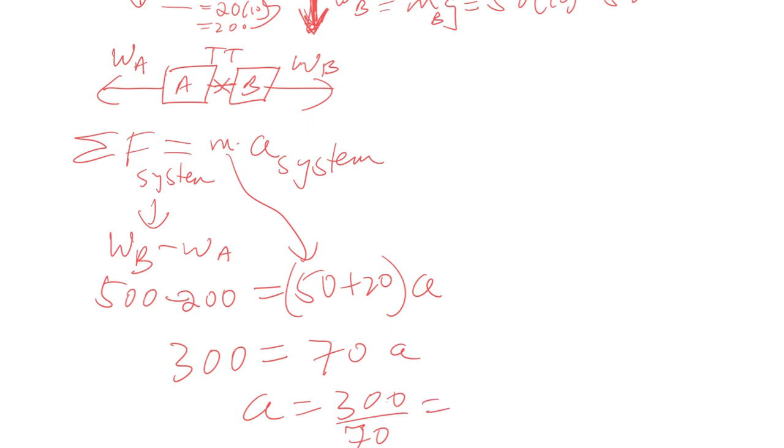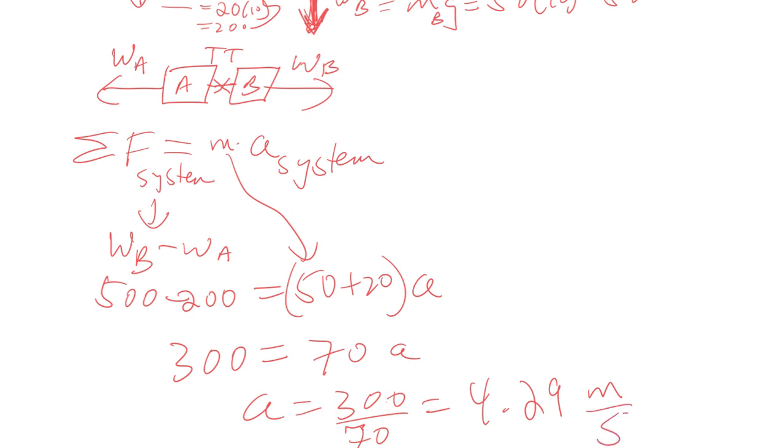And we know that the acceleration of either block is the same in magnitude, but one's moving downwards and one's moving upwards, of course. The lighter one always moves upwards. The heavier one always moves downwards. So 300 divided by 70 gives us 4.29 meters per second squared.